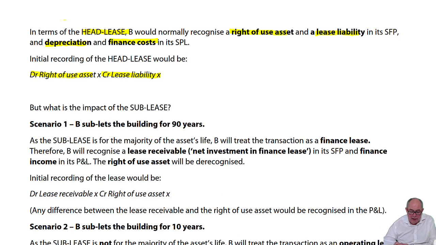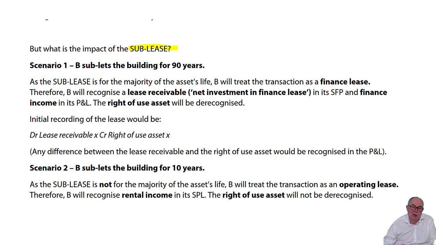Now, in our situation, we've said that B is now going to rent the building out to C. I've built in two scenarios. One is I'm renting it for 90 years and I sublet it for 90 years. The other one is I'm renting it for 90 years and I sublet it for 10 years.